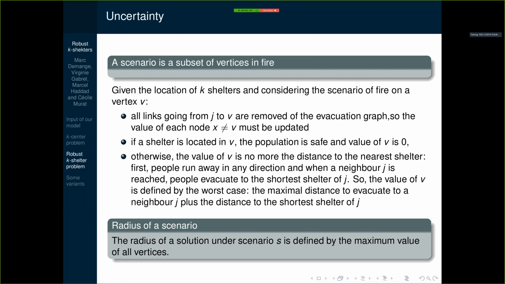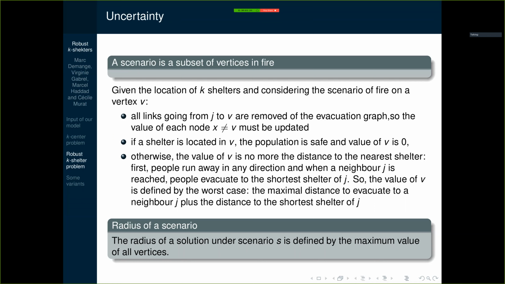And we assume that if fire starts in the vertex V, and if we haven't a shelter in this vertex, then at first people run away in any direction, and when a neighbor j is reached, people evacuate to the shortest shelter.